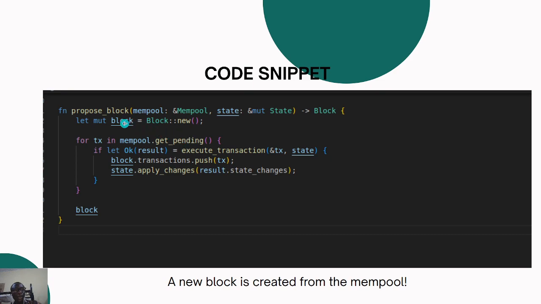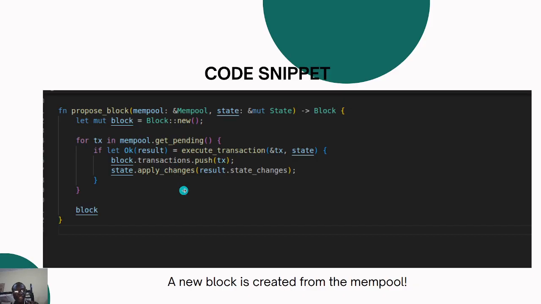After a block is created by a validator, the next thing it does is that it maps through the pending transactions in the mempool. When it gets those transactions, it sends them to the next state. So what this function does is that it adds them to the block.